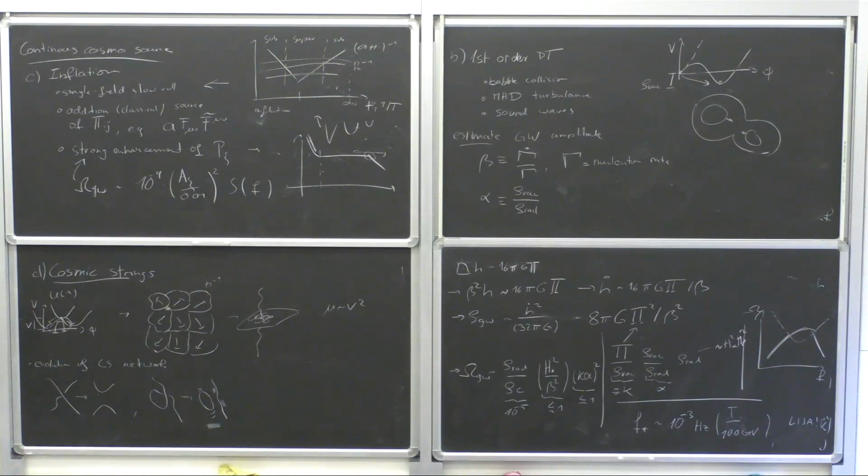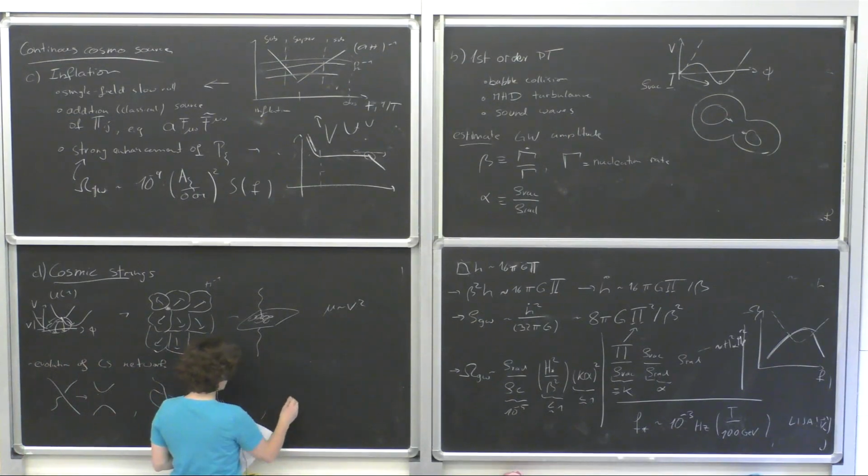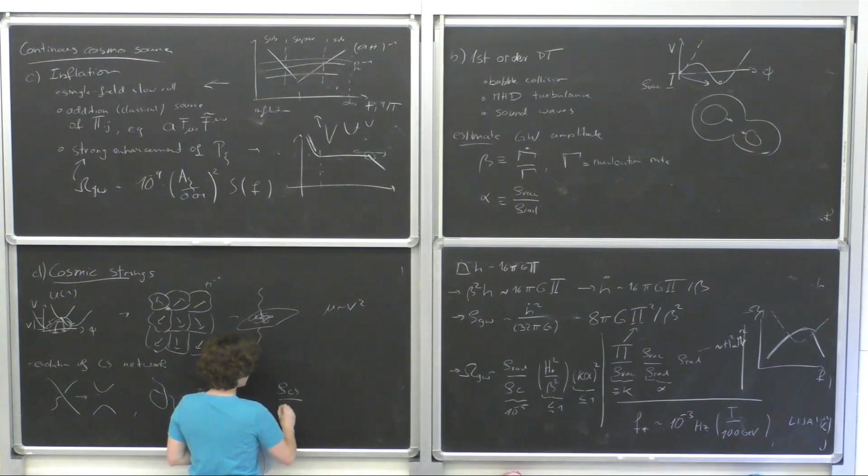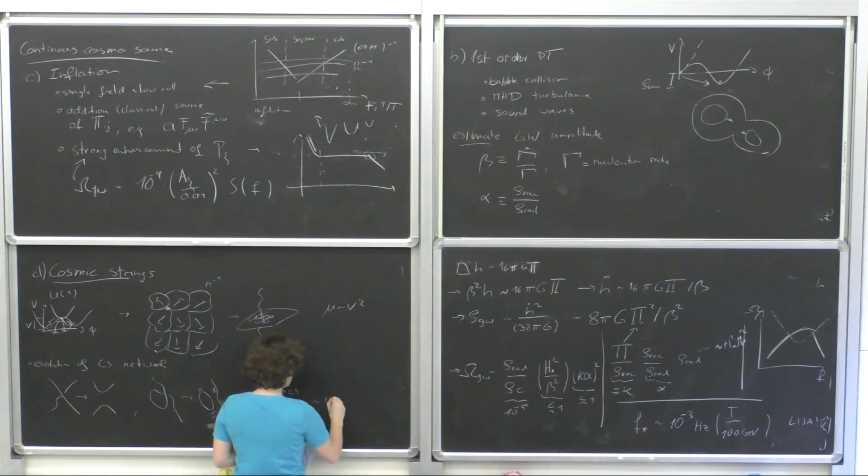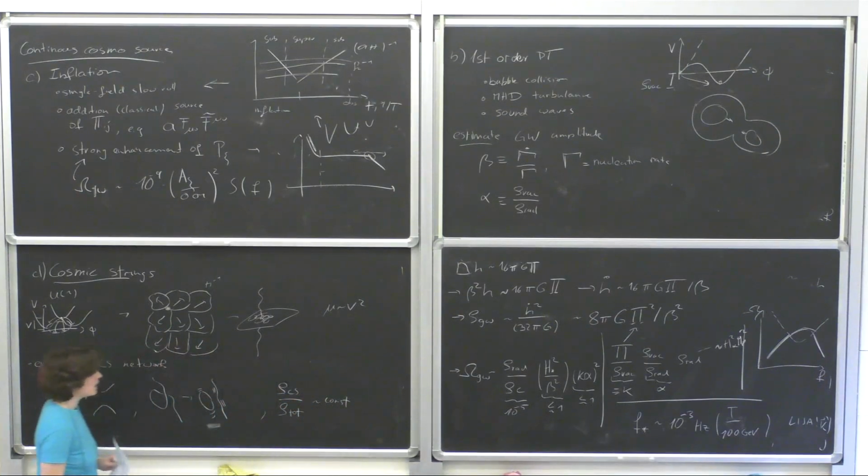There's one more interesting point about the evolution of the cosmic string network. If you look at the evolution equations governing this network, so you write down the world line action and look at the kinetic equations that describe its evolution, you will find an attractive solution which says that the energy density in cosmic strings compared to the total energy density in the universe is approximately constant. And this is true both in radiation and matter domination.